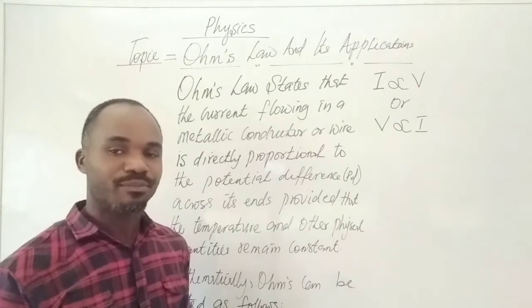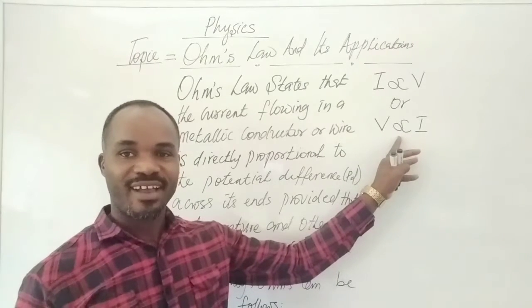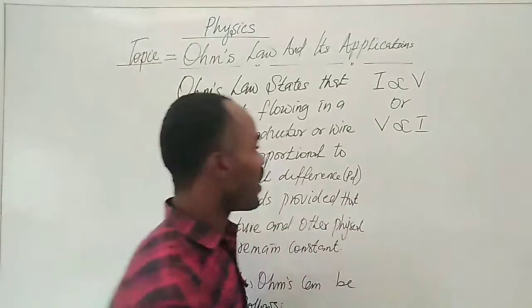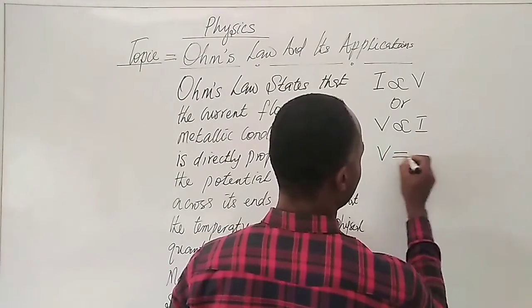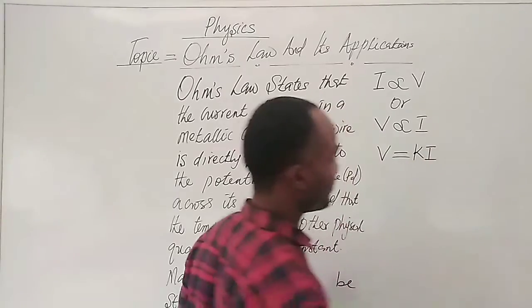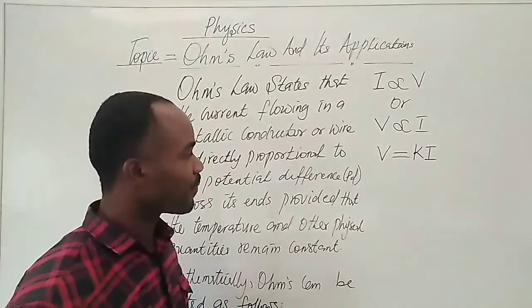Now, if we introduce an equality sign and a constant, we arrive at V is equal to K times I.